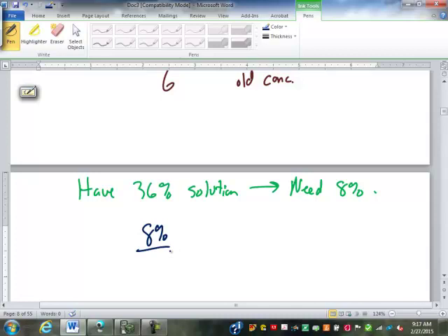Generally the smaller percent, right? And the 36% is going to be the old percent. Of course, the percent cancels out. Both of those can be reduced by 4 to give us a 2 in 9 dilution.